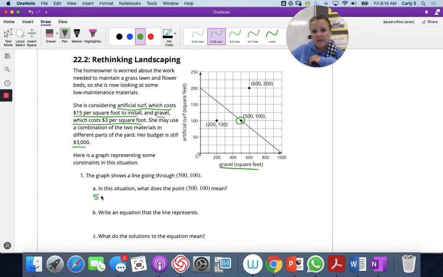So that would be 500 square feet of gravel and 100 square feet of turf. The x value was gravel, the y value is turf. So that's what that ordered pair represents.